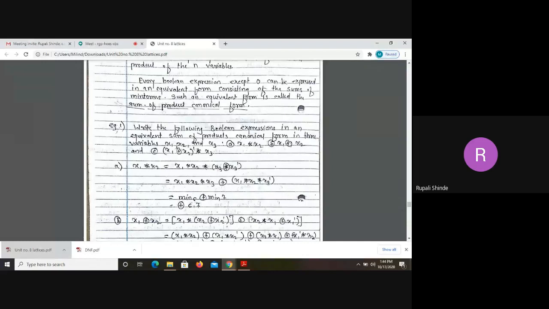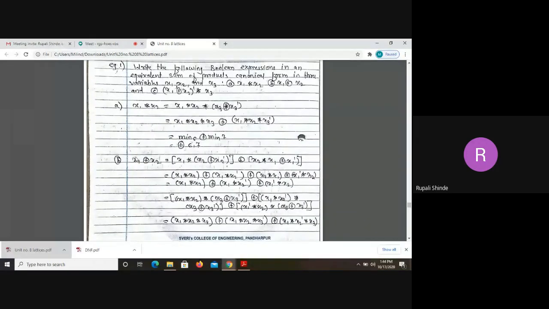Now here sum is there, but before sum x1 is there, after sum x2 is there. So we have to consider this x1 and x2 as separate terms. And for this first term x1, we have to add two terms x2 and x3. And for this x2, we have to add two more terms, that is x1 and x3.